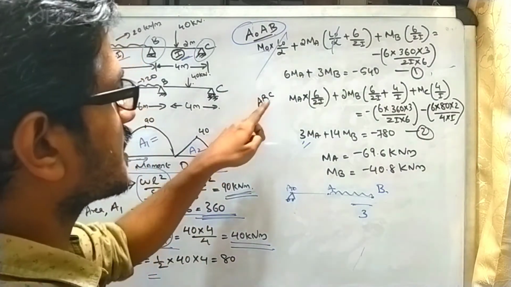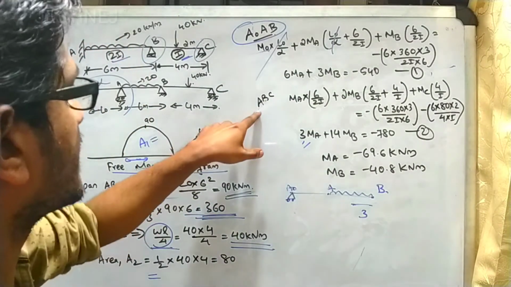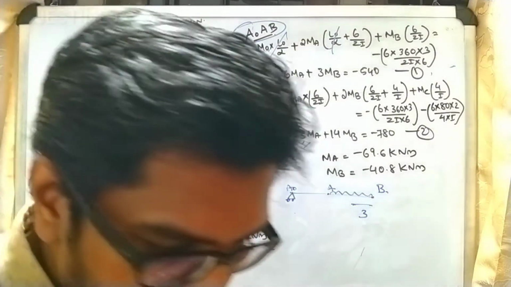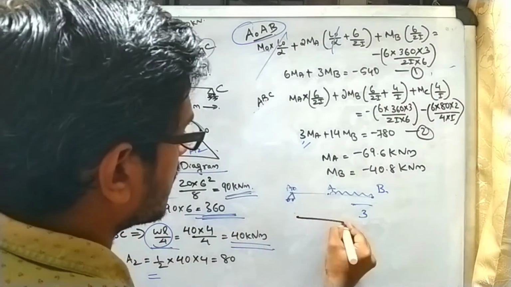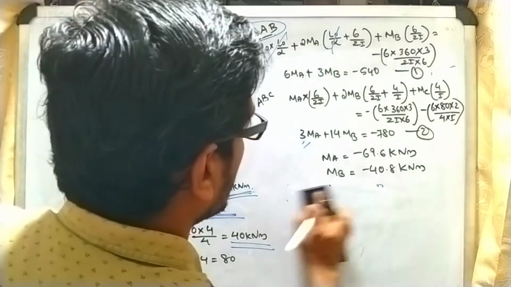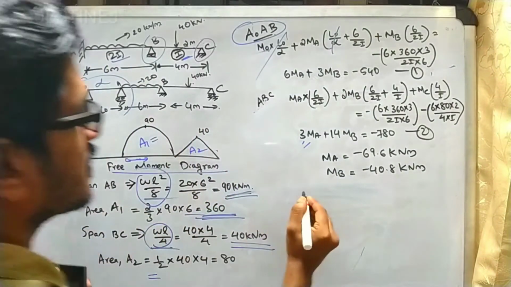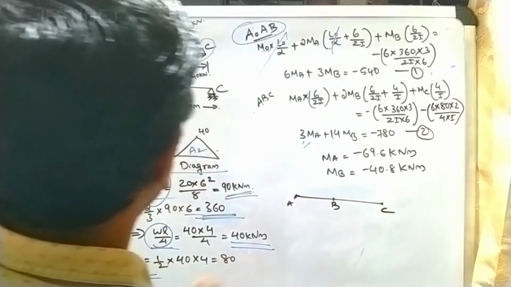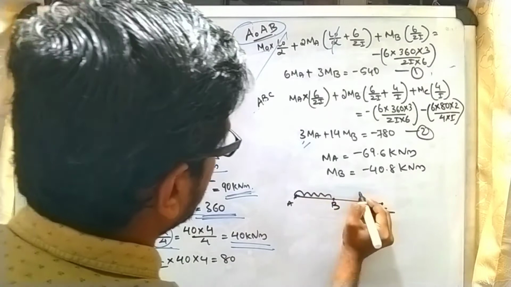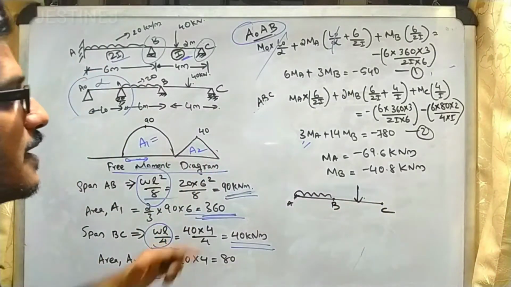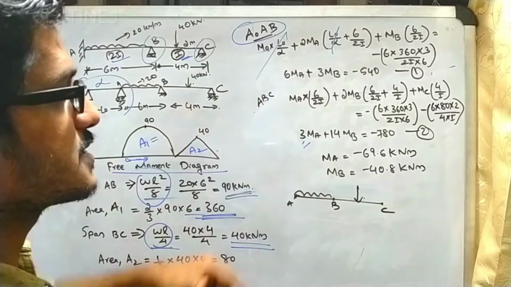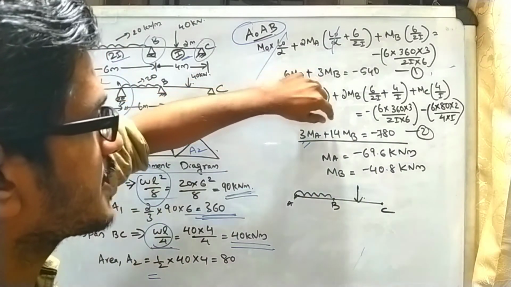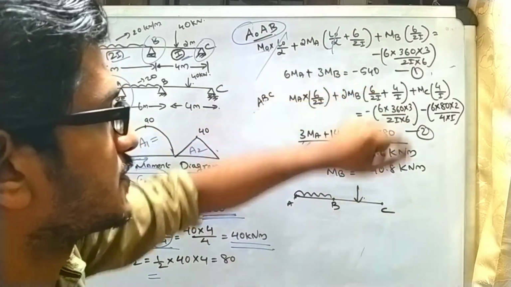Then coming to the second case, the ABC portion. Here the UDL is on the first span and the point load on the second. If you directly apply the equation, you get 3Ma plus 40Mb equals minus 780.